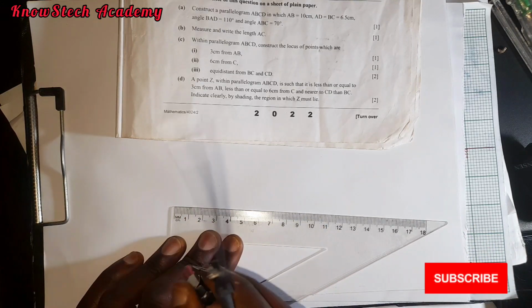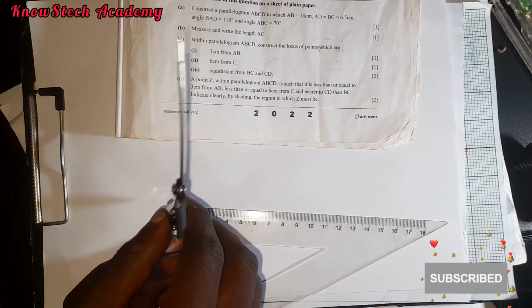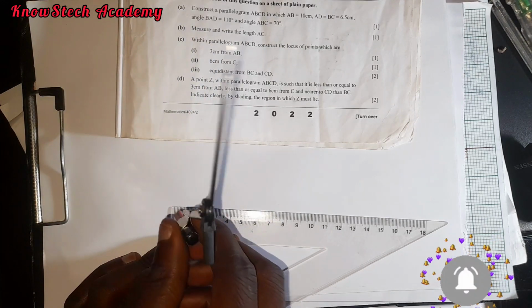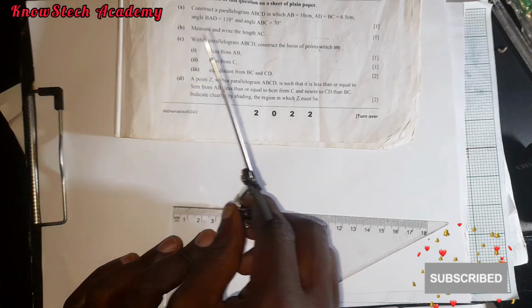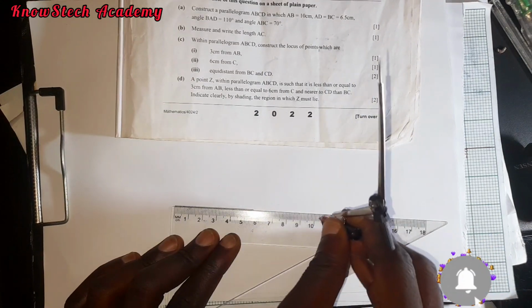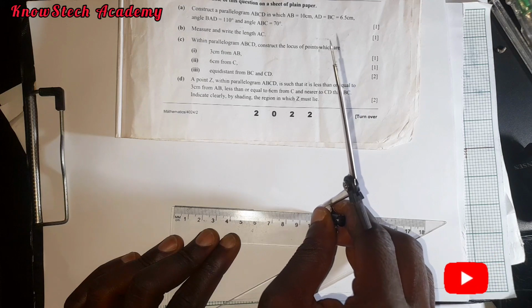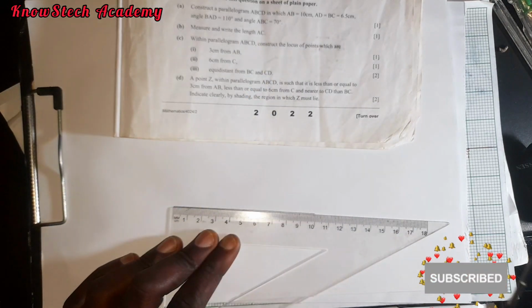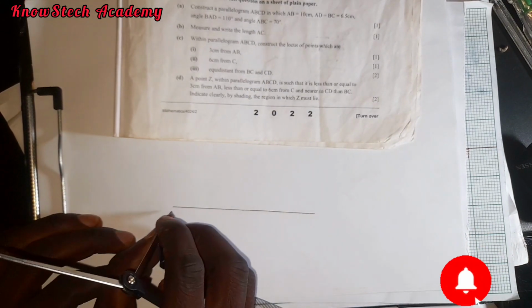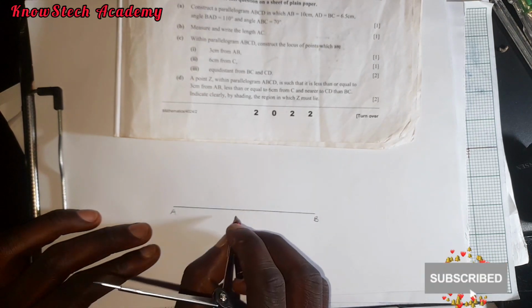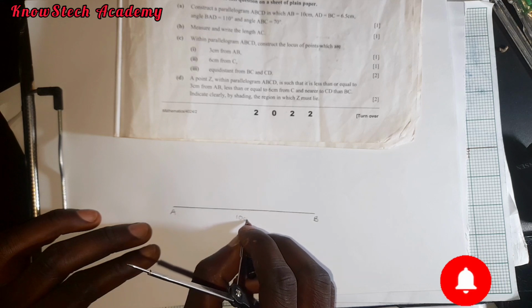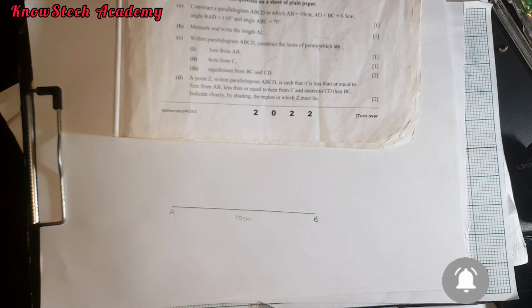Make sure that your construction is neat. So this is AB and it's 10 centimeters.